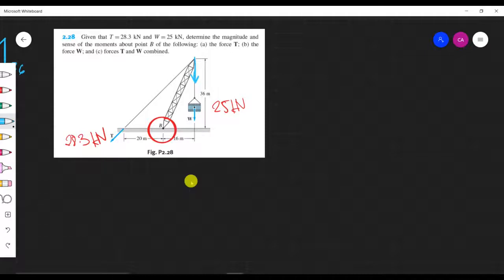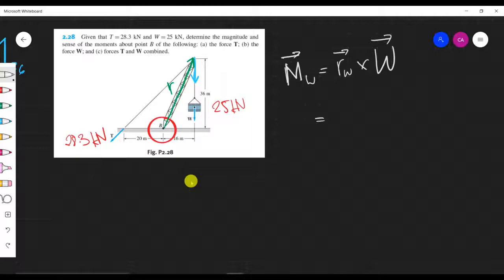Okay? So, kanyang vector angle is our vector distance. Ito yung r. So, M vector due to W is equal to r due to W cross the W vector itself.